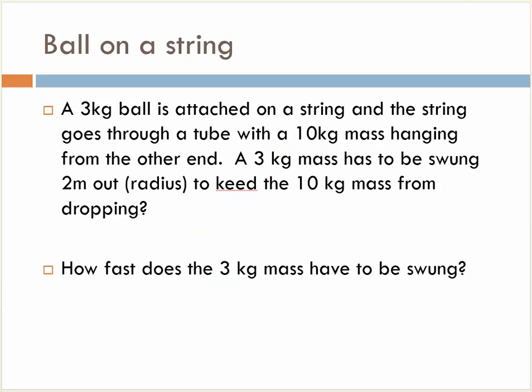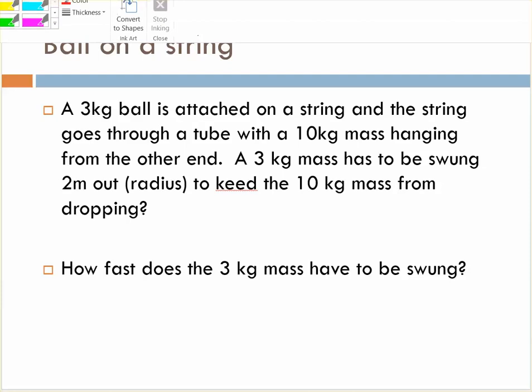Okay, a 3 kilogram ball is attached on a string, and the string goes through a tube with a 10 kilogram mass hanging from the other end. The 3 kilogram mass has to be swung 2 meters out, that's the radius, to keep the 10 kilogram mass from dropping. How fast does the 3 kilogram mass have to be swung? Well, again, I'm going to say the sum of forces here.